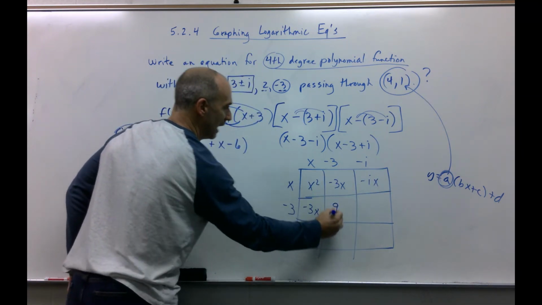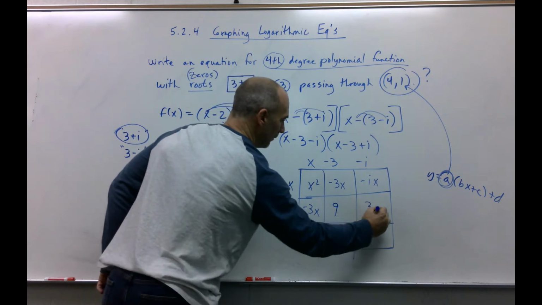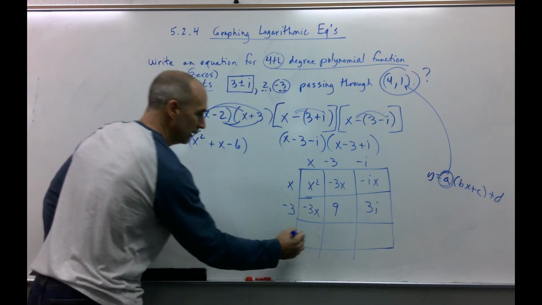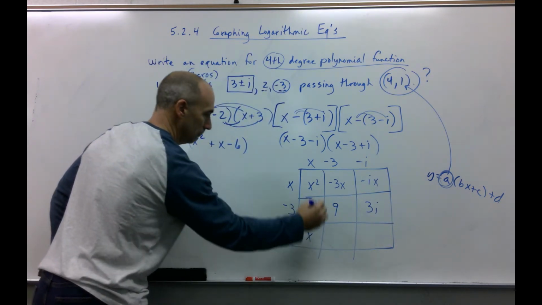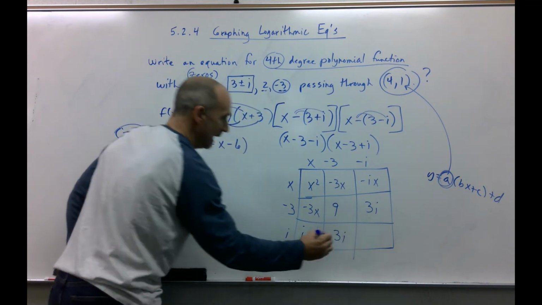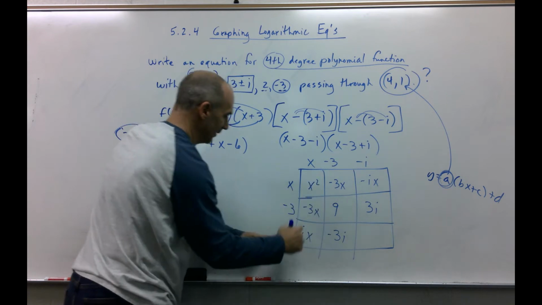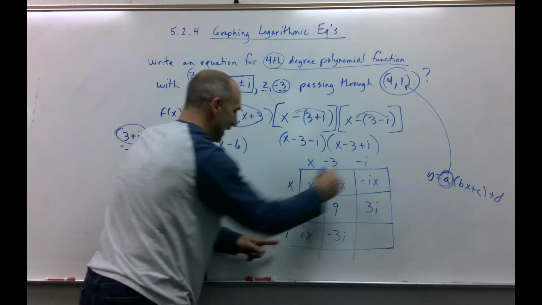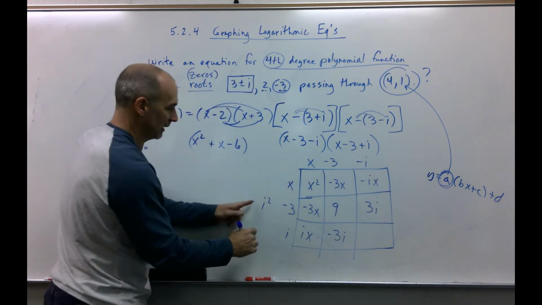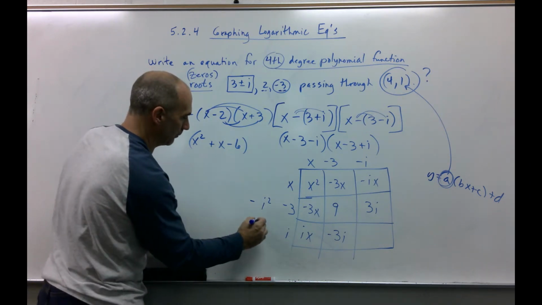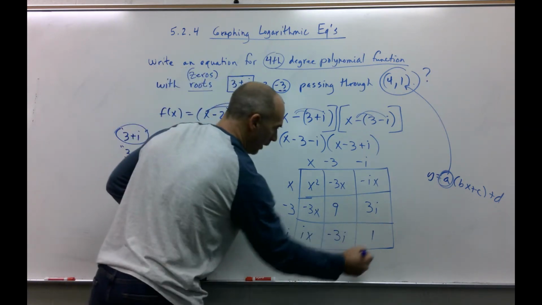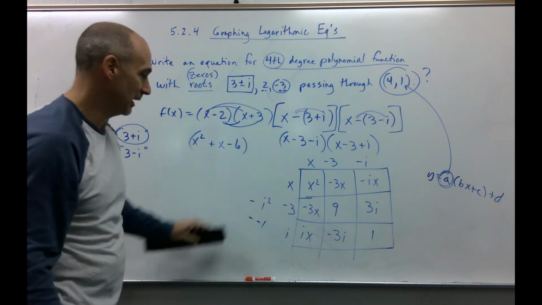This is 9. Let me know if I make a mistake. Somebody shout it out. Then I get ix. Negative 3i. No, negative times a negative is a positive, so positive 3i. i times i is i squared. So that's a negative 1, which makes it positive 1 when multiplied by the negatives. So be careful. It'd be a shame to make a mistake right there.